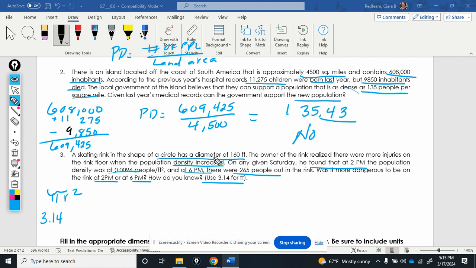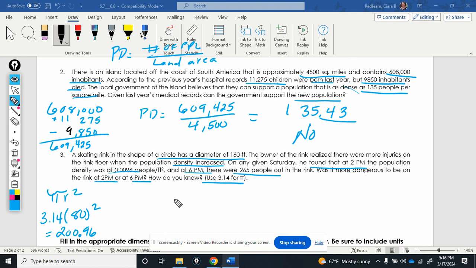We have a diameter, so what is the radius? Correct. The radius is 80. So we're going to do 80 squared. So 3.14 times 80 squared gives us an area of 20,096. That's the land area, the area of the skating rink.